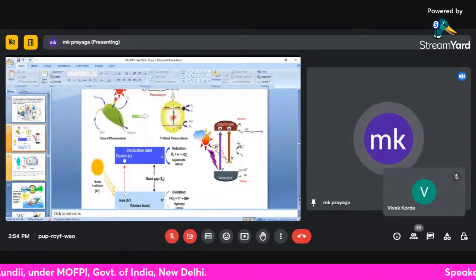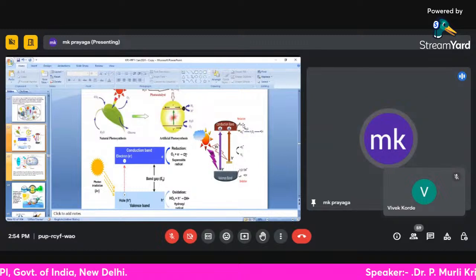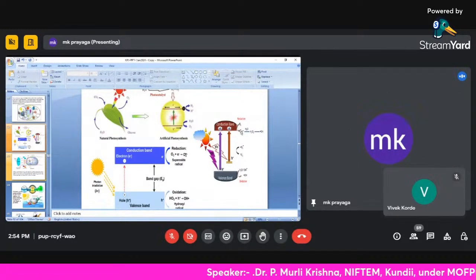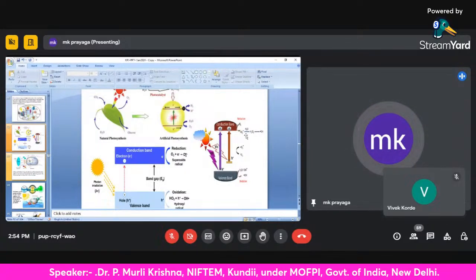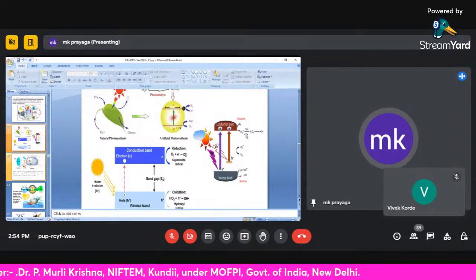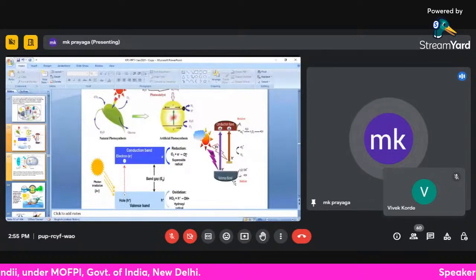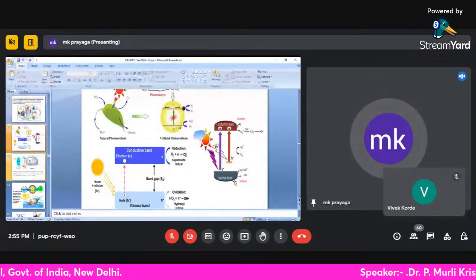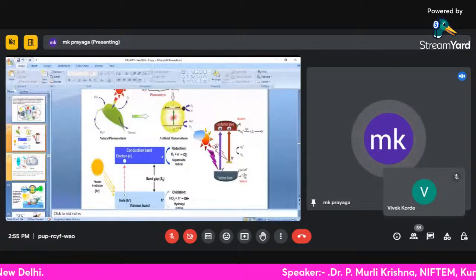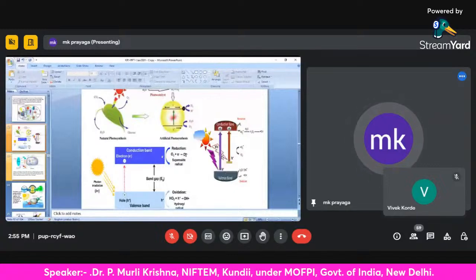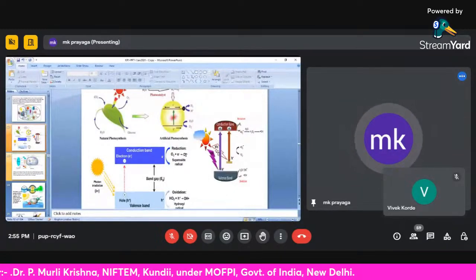Here this reaction is explained. The electron interacts with oxygen and it becomes a superoxide radical, O2 minus, and of course the hole takes H2O and it becomes a hydroxyl radical. So this superoxide radical and hydroxyl radical are what is required for controlling dye structures.